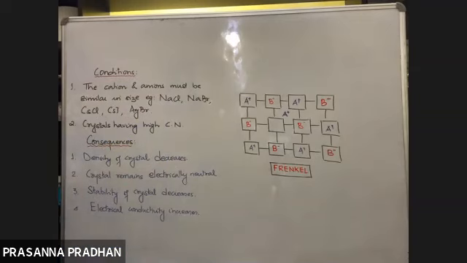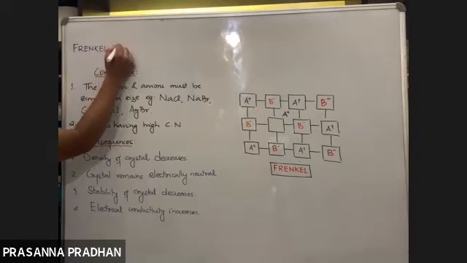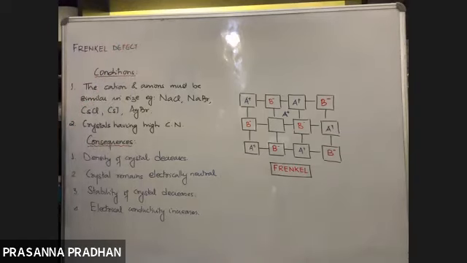Okay. So Frenkel defect, what am I going to write down? Frenkel defect means, someone give it a try. Come on, give it a try. What is happening in Frenkel defect?